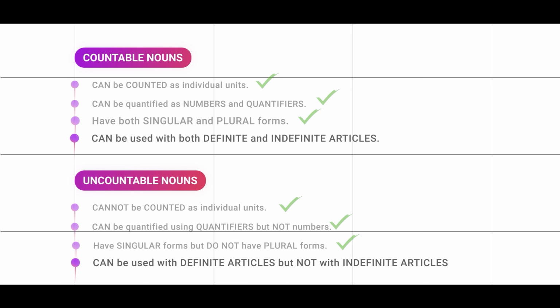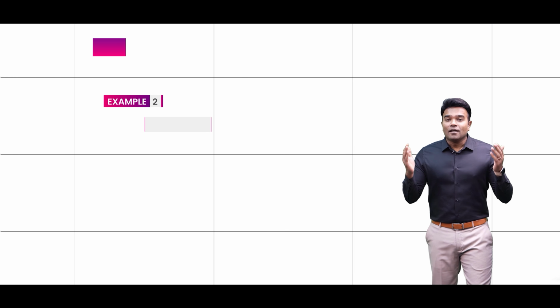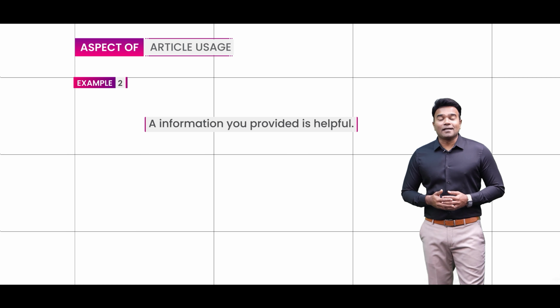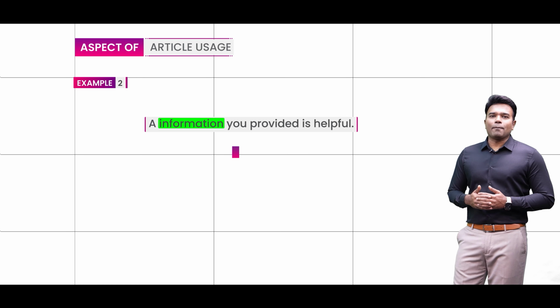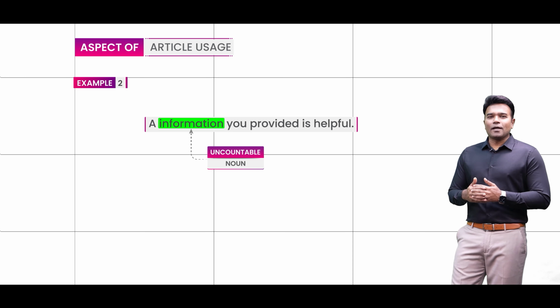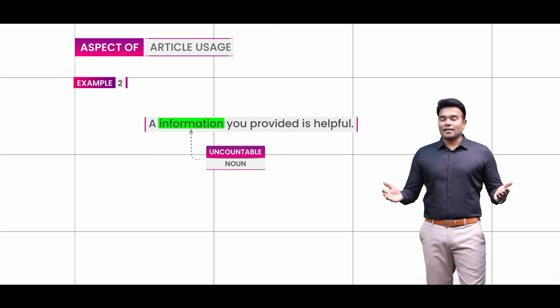But then, is it the same with respect to the uncountable nouns? Let me explain. Have a look at this sentence. A information you provided is helpful. In this sentence, information happens to be the uncountable noun because it is really difficult to divide it into individual units and count it. So it is categorized as the uncountable noun.